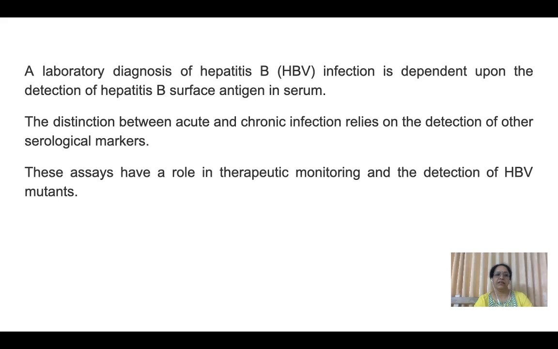We'll see in detail about the serological markers in the next part. These assays have a role in therapeutic monitoring and the detection of HBV mutants. Mainly in a country like Australia, therapeutic monitoring is required as it is a sort of epidemic in that area.